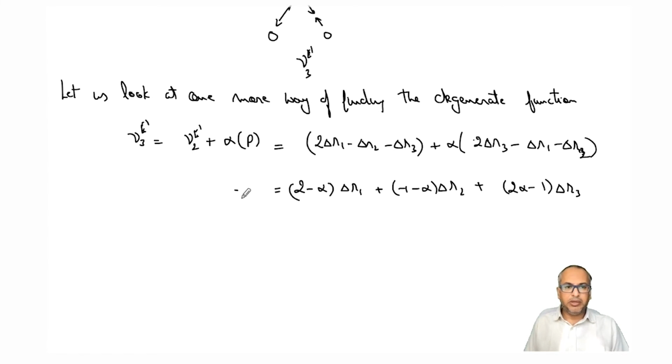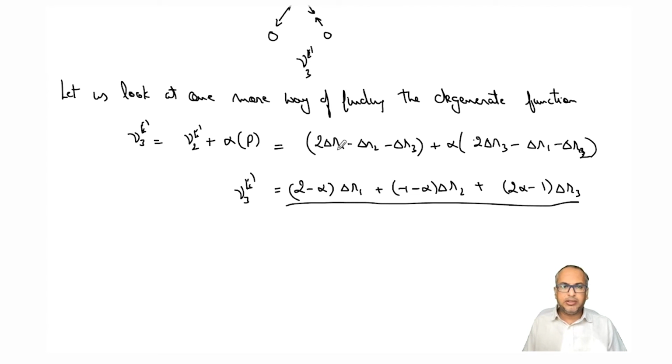Now this is my nu3 E prime, and because these were not normalized, we need to normalize it. The normalization coefficient is the square root of the sum of squares of the individual coefficients.